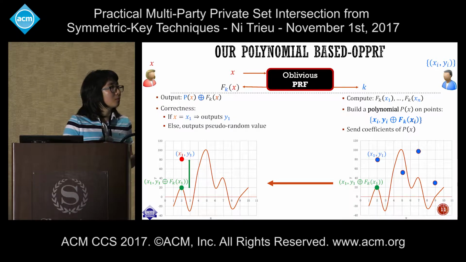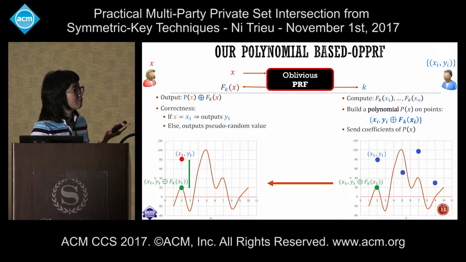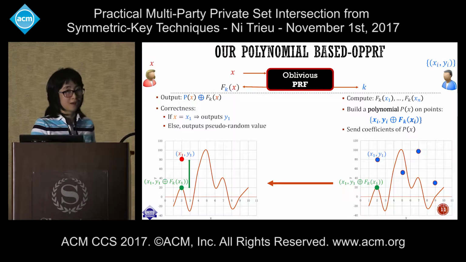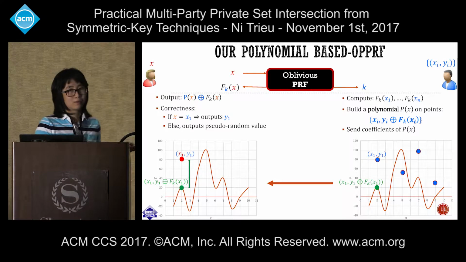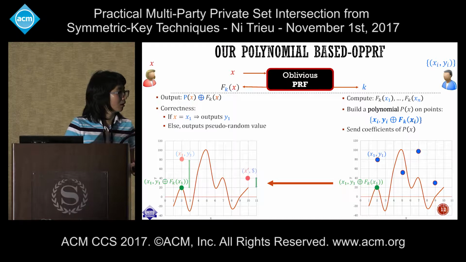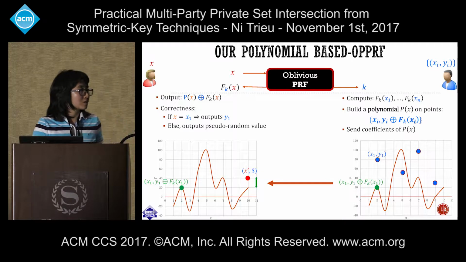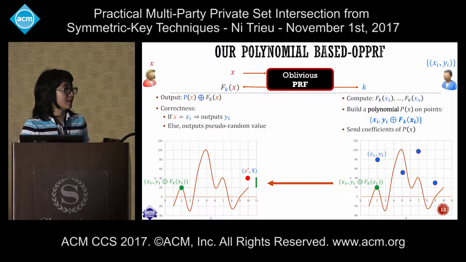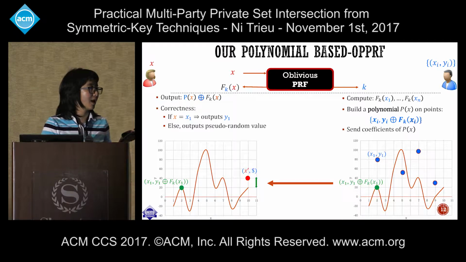Our polynomial OPPRF is constructed as follows. We first run the oblivious PRF. Alice has input x and receives f of x, and Bob receives a key. Because Bob has the key, he can compute any f of xi.